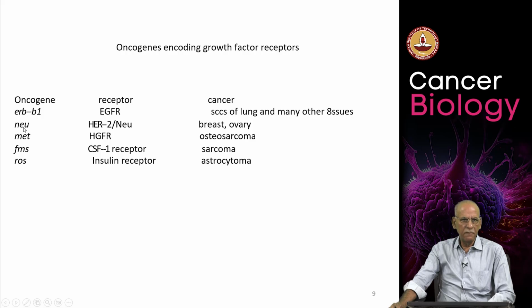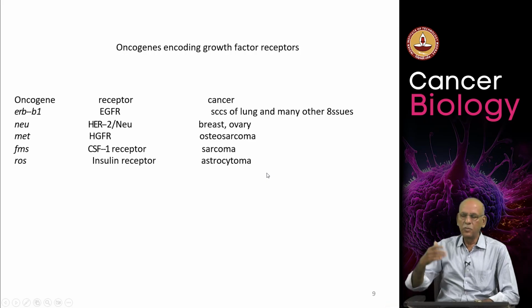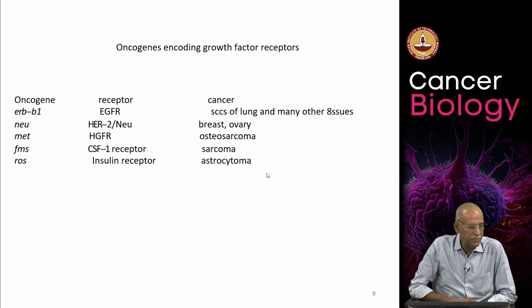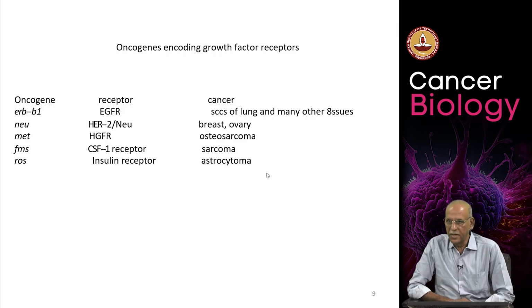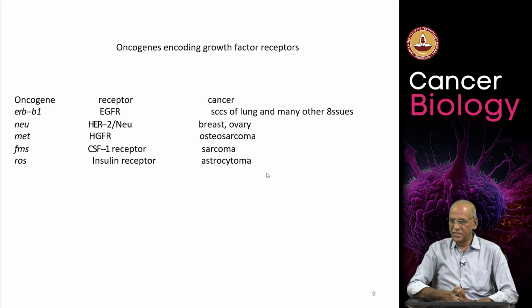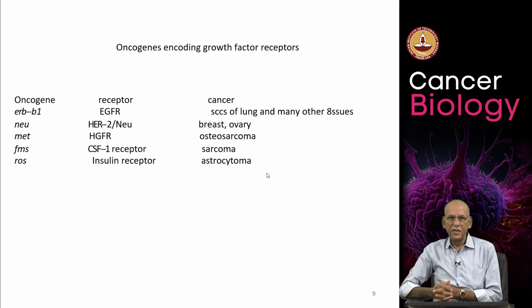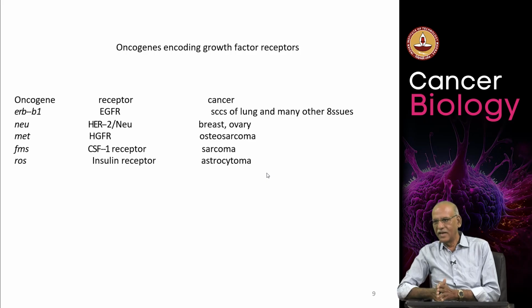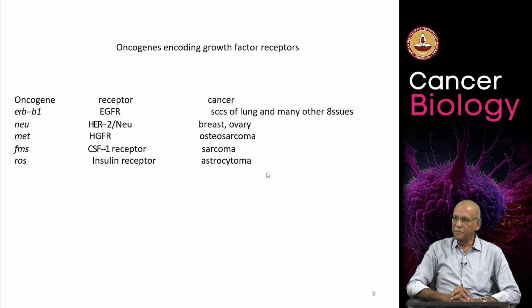Then there is another one which is called NEU, N-E-U, because of neuroblastoma. You remember I told you an experiment was performed in Weinberg's lab, where they injected ethyl nitrosourea and got a brain tumor. From that they isolated this gene. Interestingly, this gene was named NEU because it was from neuroblastoma, but later it was found to encode a receptor which belongs to the epidermal growth factor receptor family, the second member.